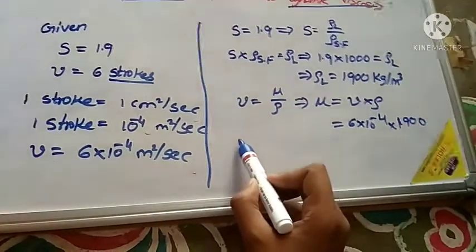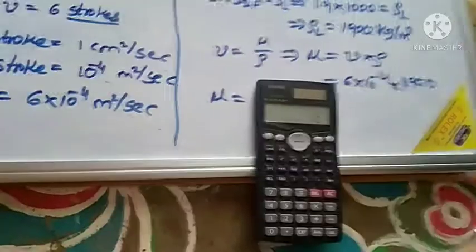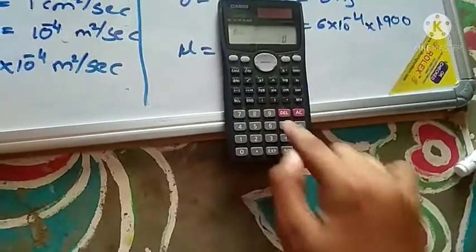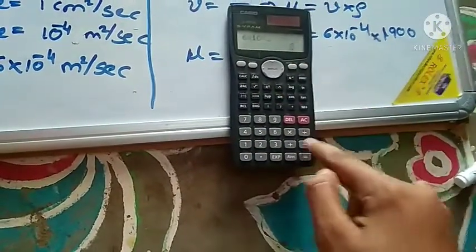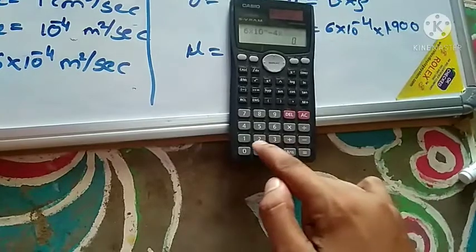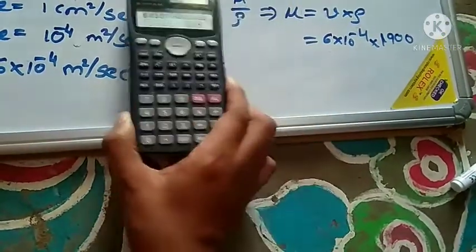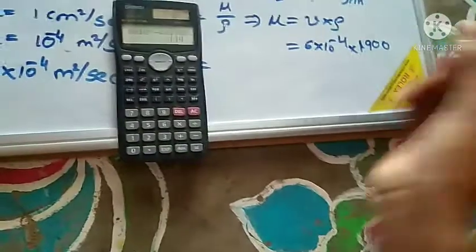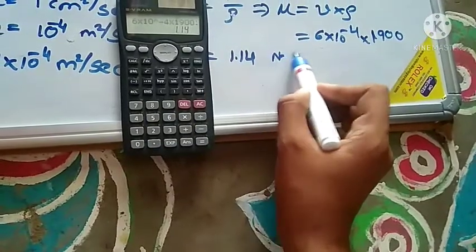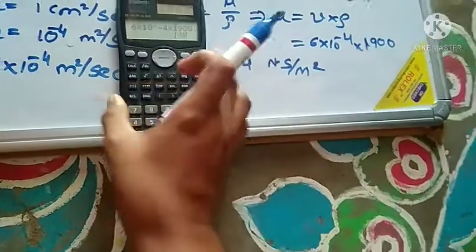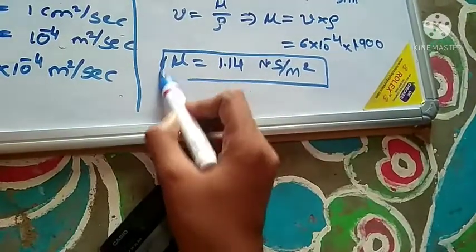So we find from our calculator, mu is equal to how much? 6 into 10 to the power of minus 4 into 1900 is equal to 1.14 Newton second by meter square. So the value of dynamic viscosity mu is 1.14 Newton second per meter square.